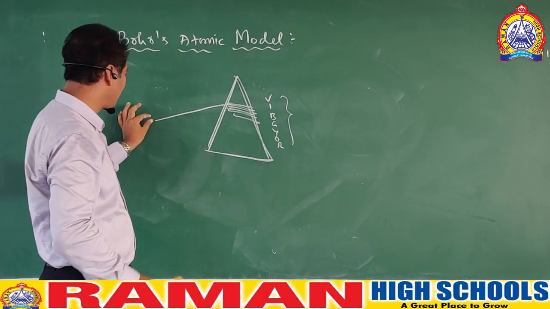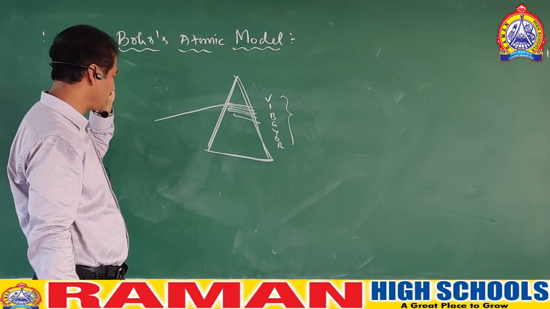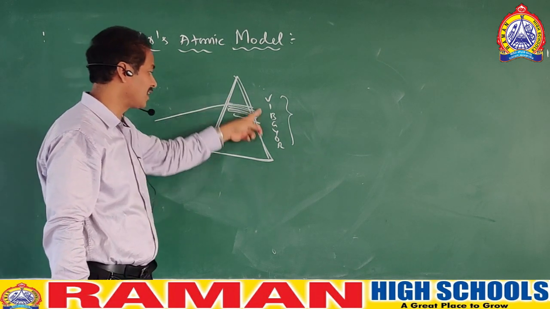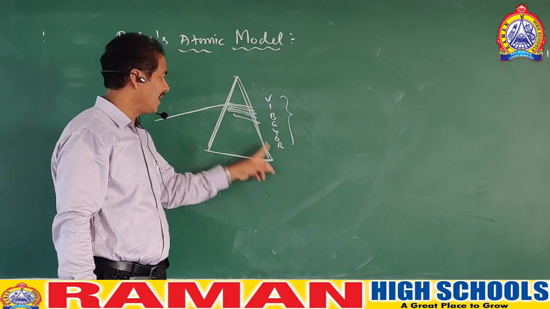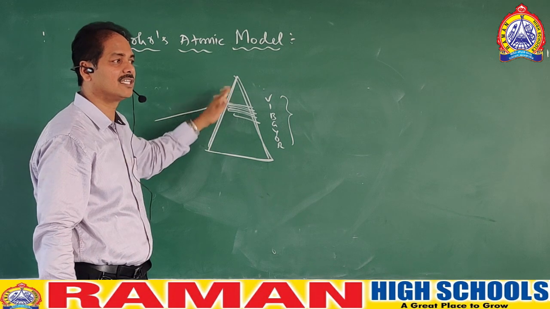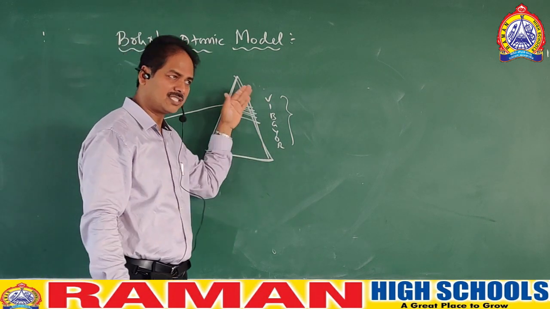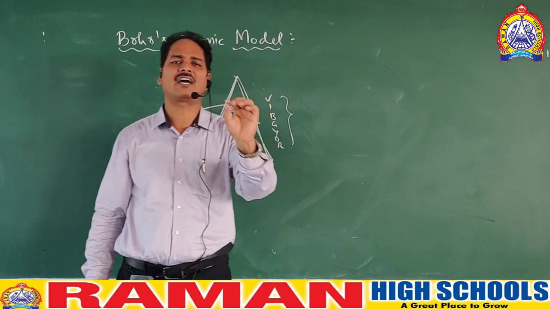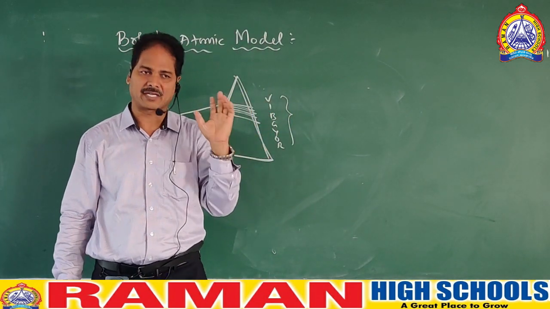We can see white light with our naked eye, but that white light has these many colors in it. And you can see this only when you divide that white light into various components. So this is a spectrum. Division of energy is called a spectrum.